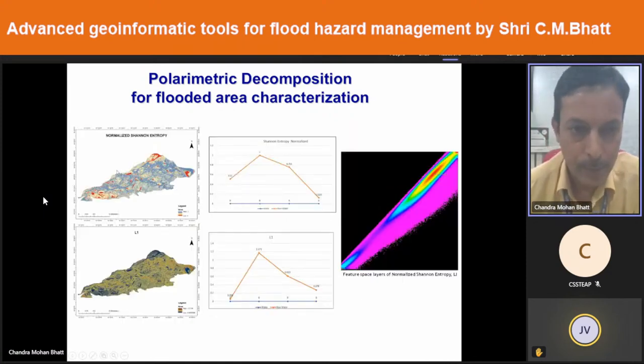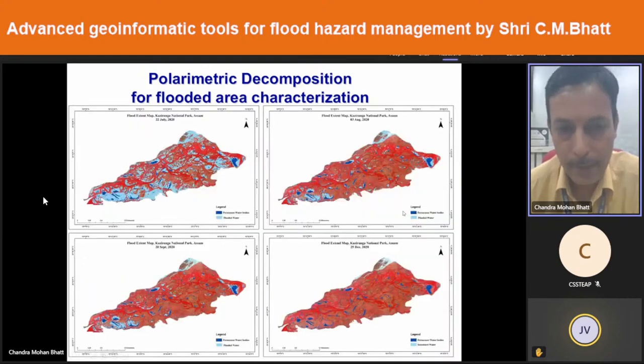And this is one example where polarimetric parameters have been used, like normalized Shannon entropy and L1, to distinguish between water and non-water, and it has given a clear distinction between these two out of all other indices. This has given a better distinction between the land and the non-land, and you can classify your flood areas with this technique also.